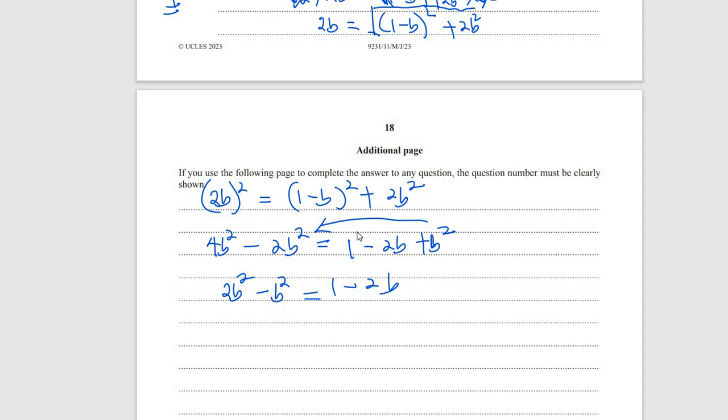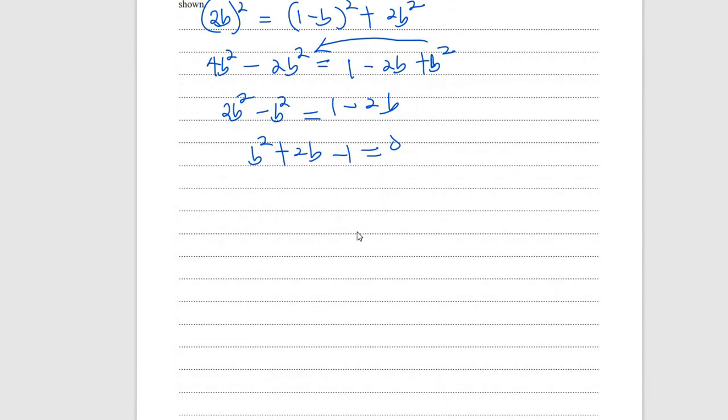At the end of the day, we have b squared plus 2b minus 1 equal to 0. That turns into a quadratic equation.